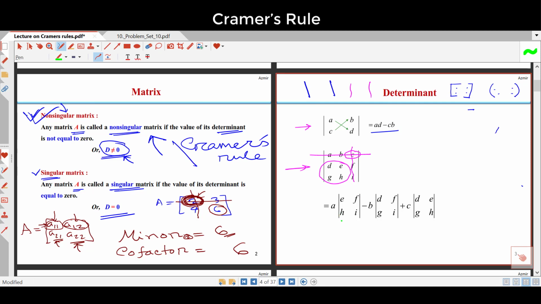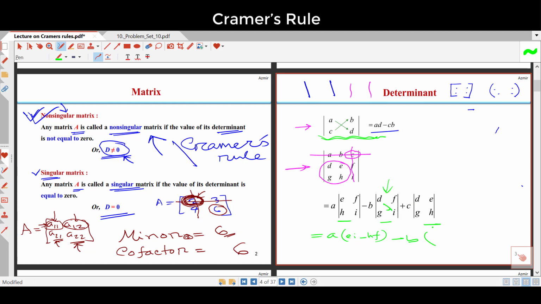You can see that all the way now we have this type of 2 by 2 determinant. So let's find a. Now what is the determinant of this? It will be ei minus hf. So that is how we can find part by part. Then there is minus b. Now find out the determinant of this.